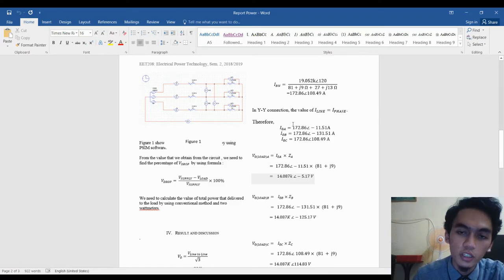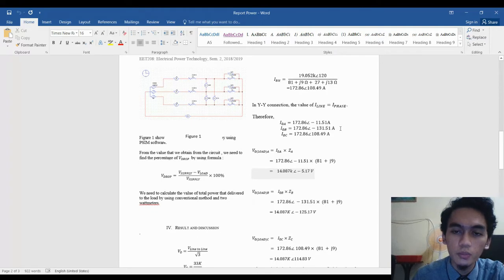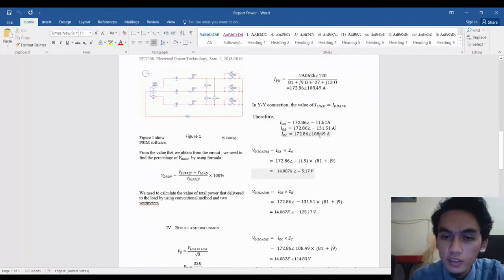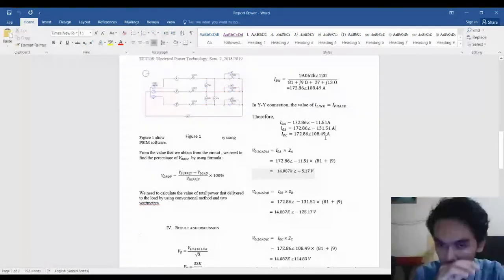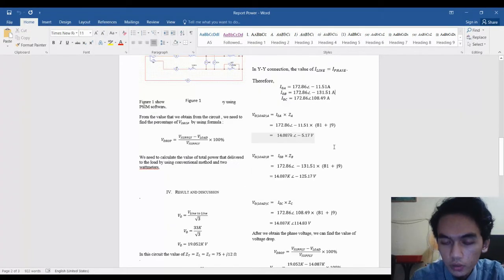So I phase A equals I line A, which is 172.86 with an angle of negative 11.51 ampere. Current phase B is 172.86 with an angle of negative 131.51 ampere. And lastly, current phase C is 172.86 with an angle of 108.49 ampere.